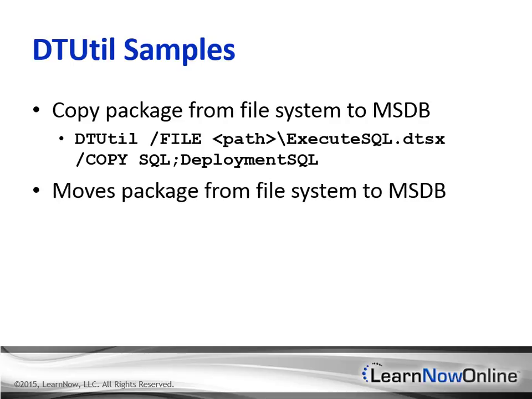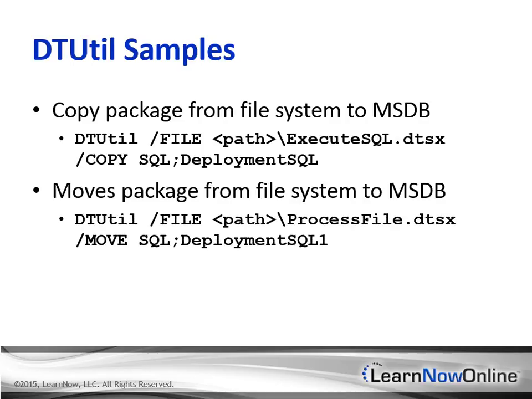Okay, then the second command moves the package from the file system to the MSDB database. So once again, it specifies file and the name of the package, and then specifies the move parameter, and then the name of the package, here deployment SQL1, that will exist within the MSDB database.